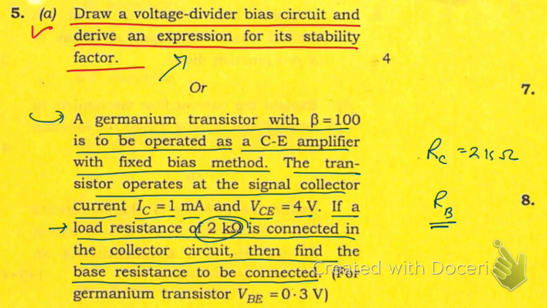Okay, so let's solve this question. First let me mention the information given in the problem. This is the optional numerical of question 5. Beta is equal to 100, IC is equal to 1 milliampere, so let me convert it into ampere. That's 10 to the power minus 3 ampere.